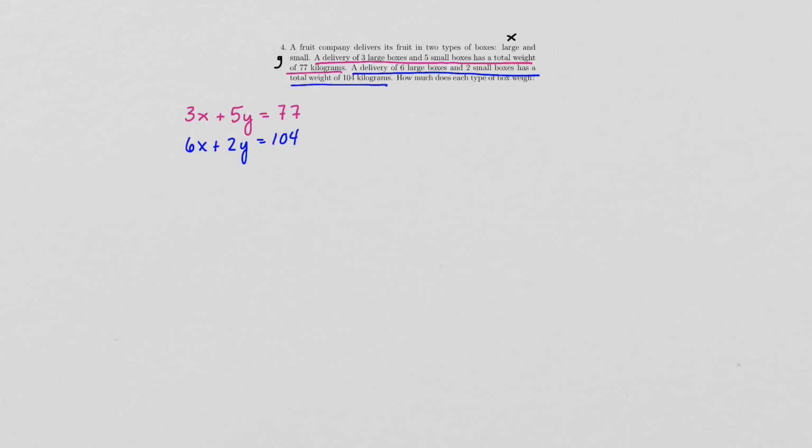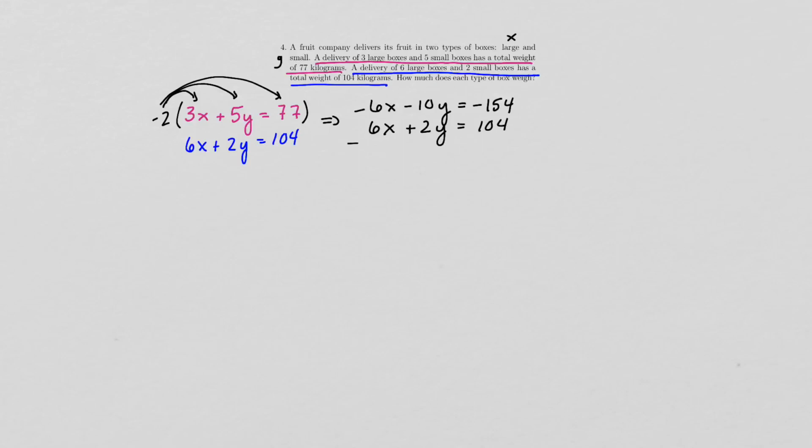And so if I multiply this top equation by -2, I can get the x's to drop out. So we're going to multiply it times each of these 3 pieces. So we end up with minus 6x minus 10y equals, so 77 times -2 is -154. And then 6x plus 2y equals 104.